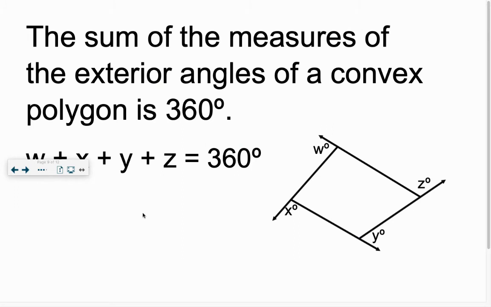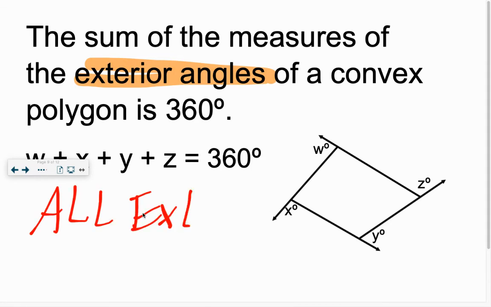Now, here's the big thing. We're talking about all different types of angles, no matter how many. So if you need to make that note, all exterior angles, whether it's 3 or 33, all exterior angles will always add up to 360 degrees.